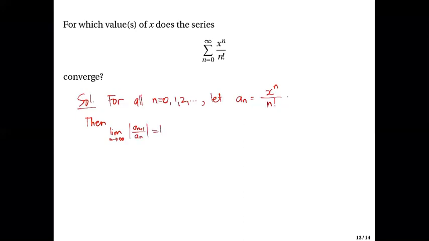For a sub n plus 1, we have x to the n plus 1 divided by n plus 1 factorial, times, since a sub n is in the denominator, the reciprocal: n factorial over x to the n.